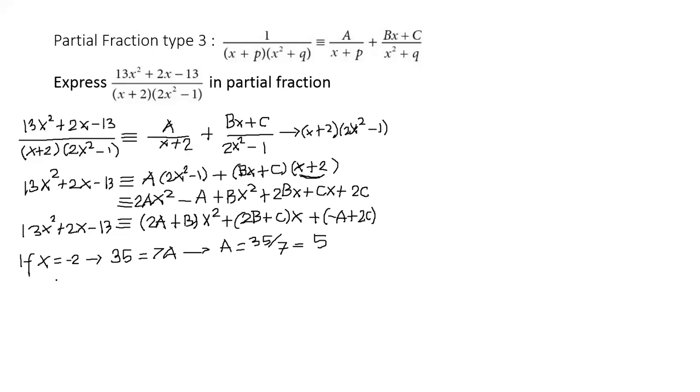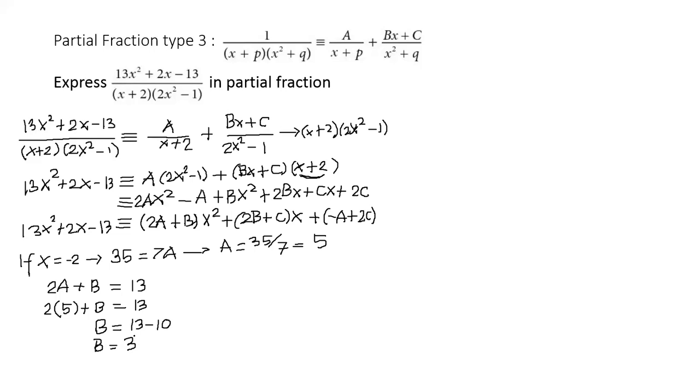So 2a plus b equals 13, so 2 times 5 plus b equals 13. 10 plus b equals 13, so b equals 13 minus 10. B equals 3. So A is 5, B is 3.